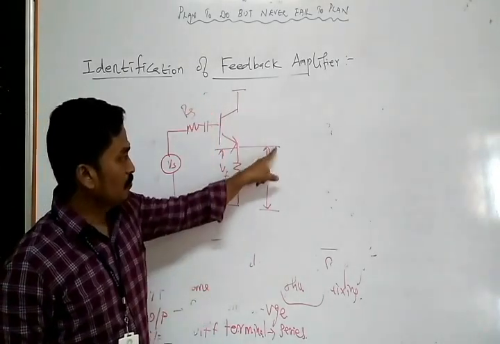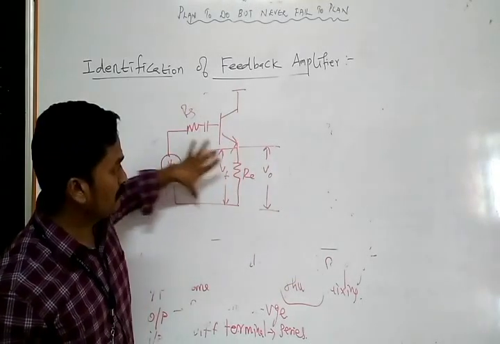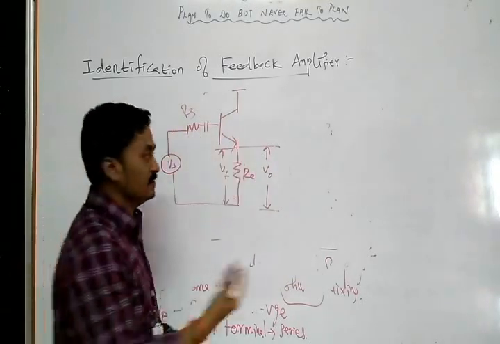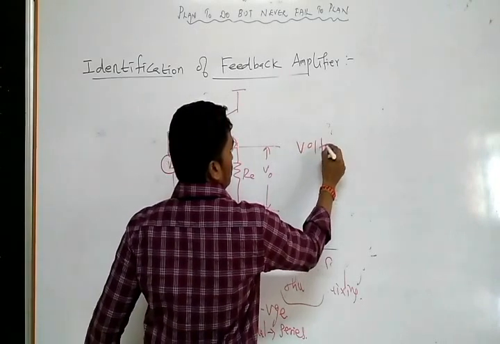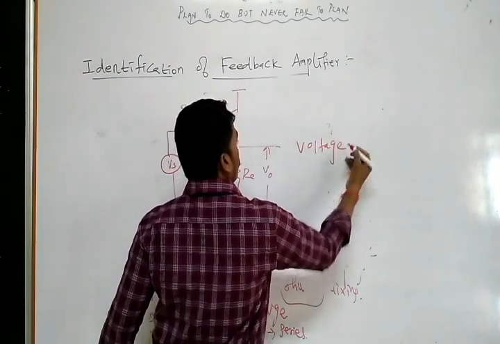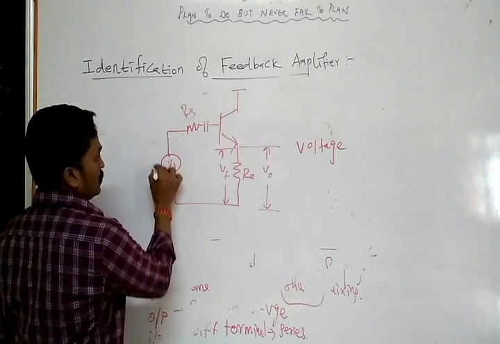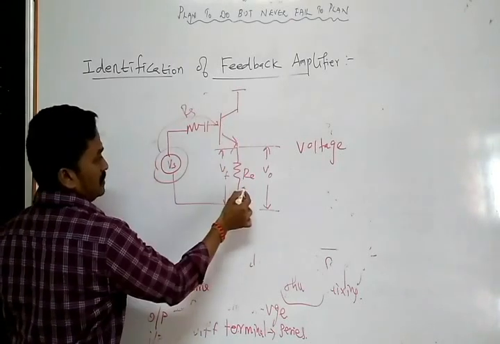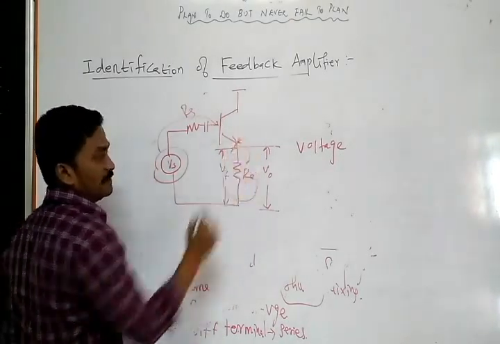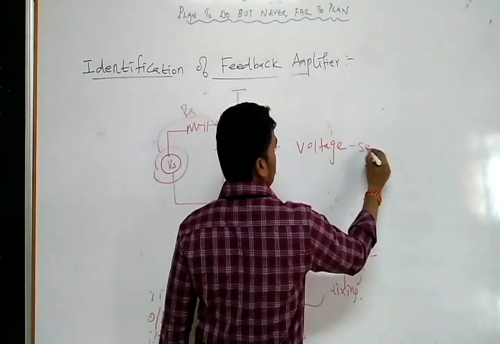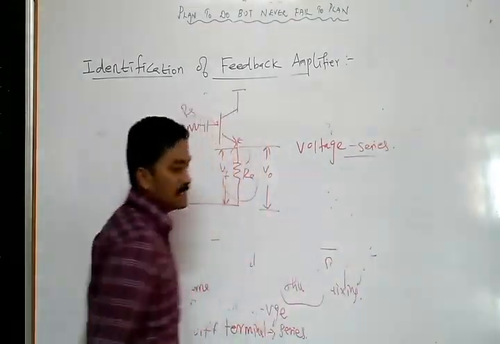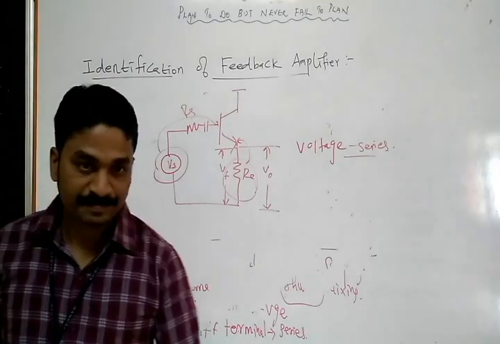Now see, the output and the feedback to the input side are both at the same terminal. It is called voltage sampling. For mixing, your source is at the base, but the feedback is at the emitter terminal. It is called series mixing. Both are different terminals. This is called a voltage series feedback amplifier.